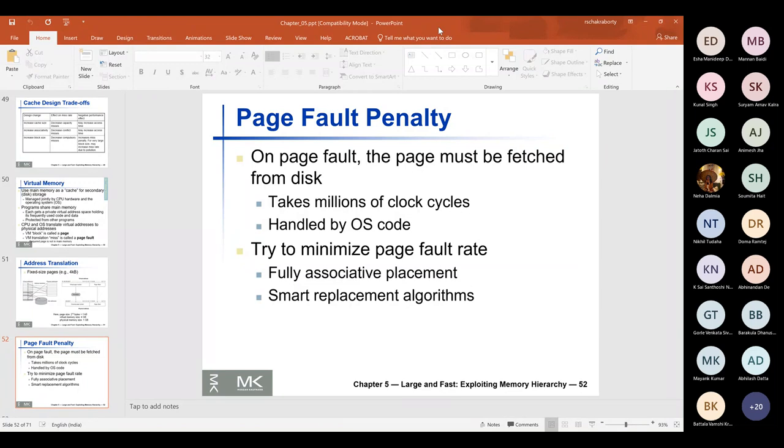It is evicted from the processor, sent to a wait state by the operating system, and then again after some amount of time, when the page has been fetched from the hard disk to the main memory, it gets an opportunity to come back to the processor.